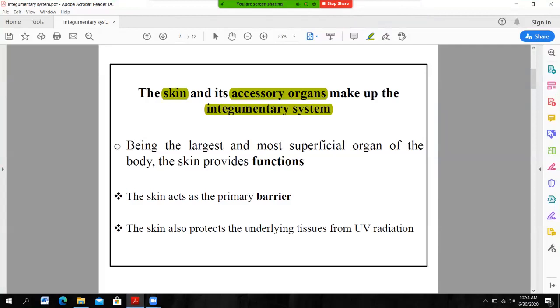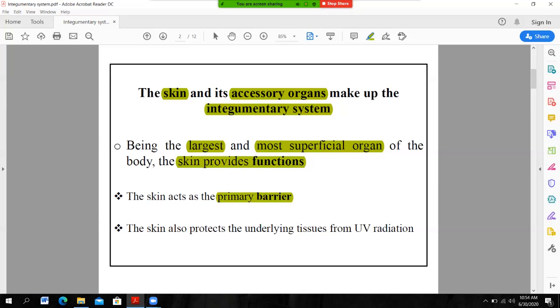You know that the skin is the largest and most superficial organ found in the body, and the skin provides so many important functions. For example, the most important and primary function of the skin is to provide a primary barrier, and this barrier provides protection to the underlying tissue from pathogens.